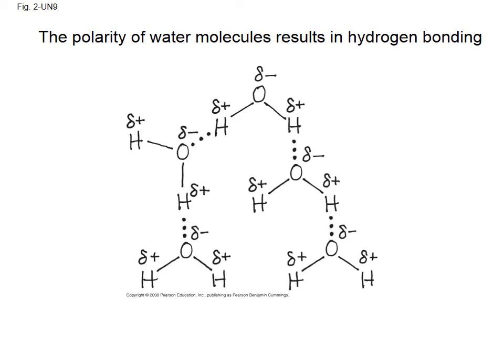Okay, so here's the thing. We already in the previous chapter talked about the different kinds of bonds, like covalent bonds. Then we talked about ionic bonds. Now this was very strong. This is reasonably strong except when it is in water. And then we talked about hydrogen bonds.